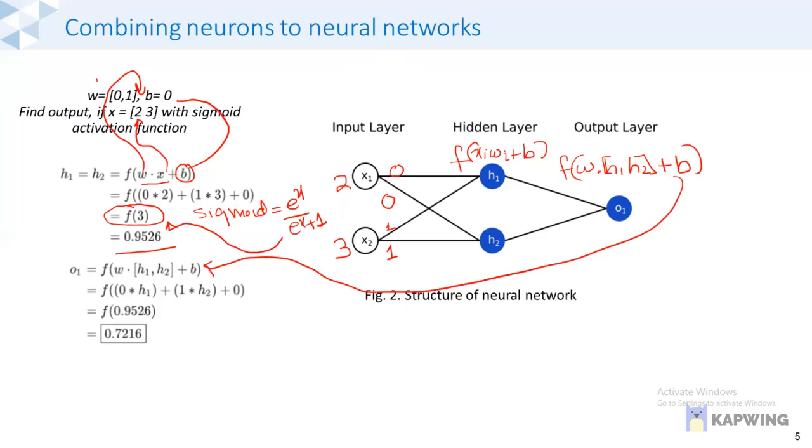When we put in the values, we get f of 0.9526, and when we apply the activation function, the output value is 0.7216. This is the mathematical calculation of how we can predict the output values.